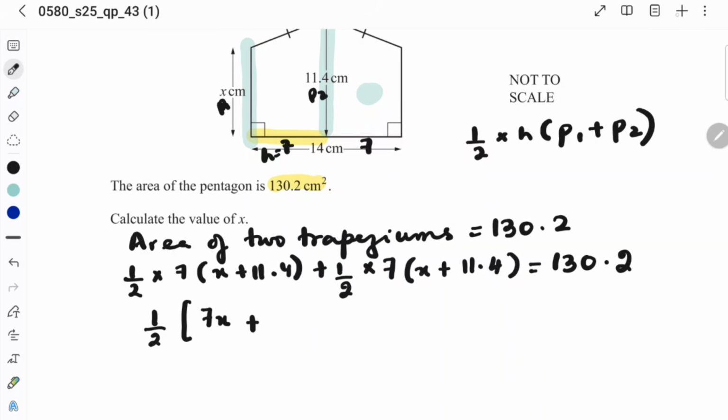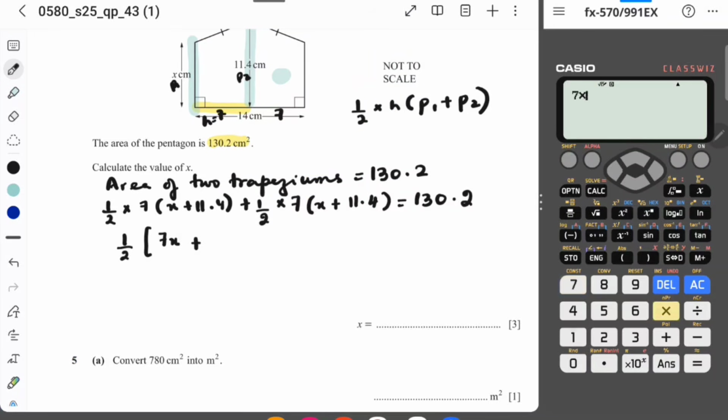We are calculating 7 into 11.4, which is equal to 79.8. So that is 7x plus 79.8, plus the same thing, 7x plus 79.8, is equal to 130.2. All right, so we will multiply 2 with 130.2 because it is dividing.